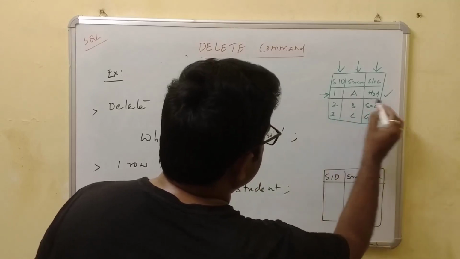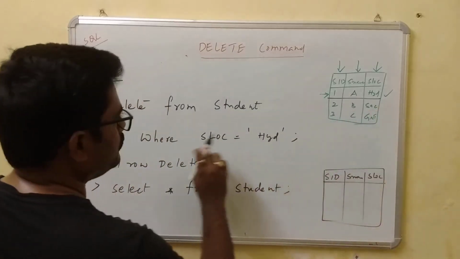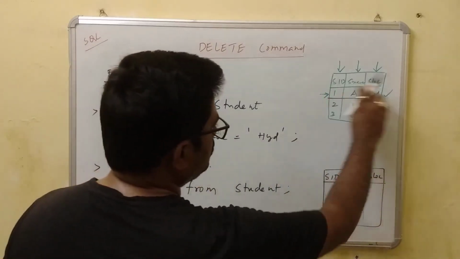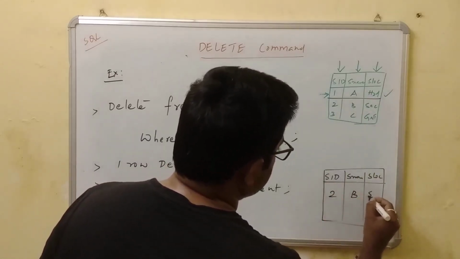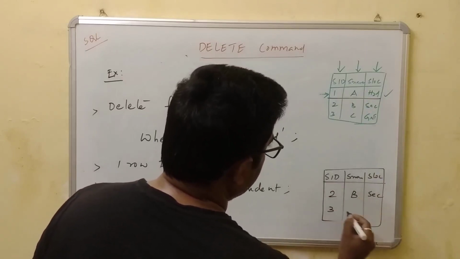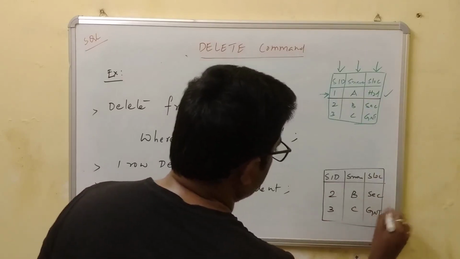So this is deleted, because we have already written the query to delete this particular record. Now the available ones are 2B Secunderabad and 3C Guntur.